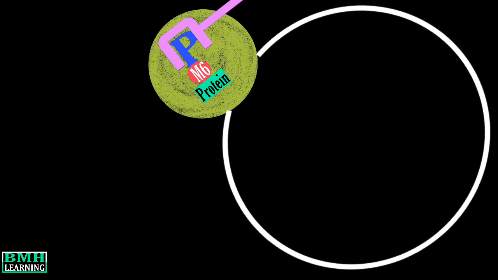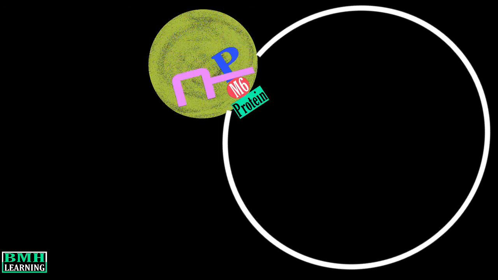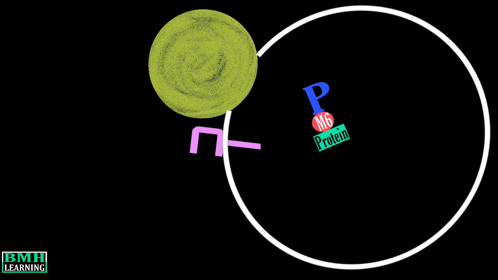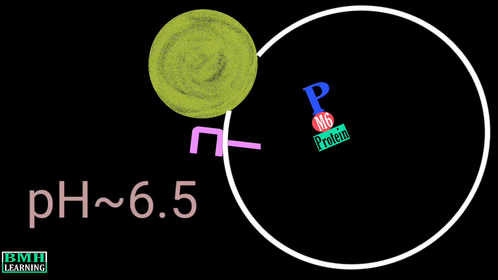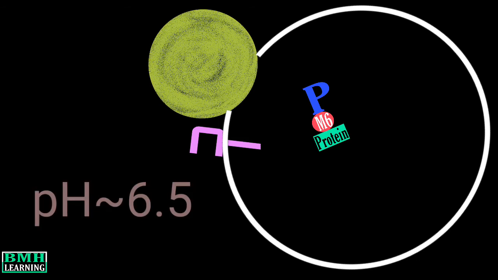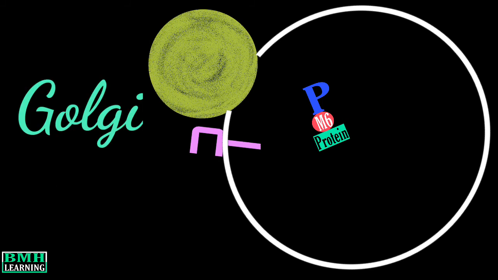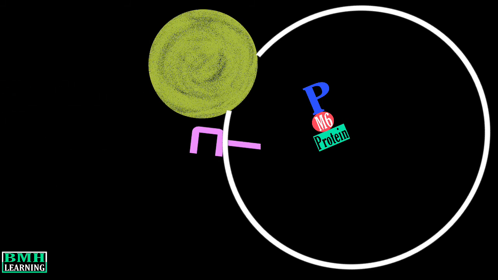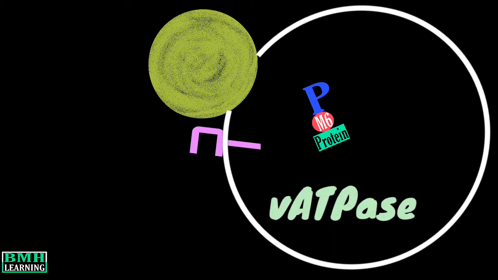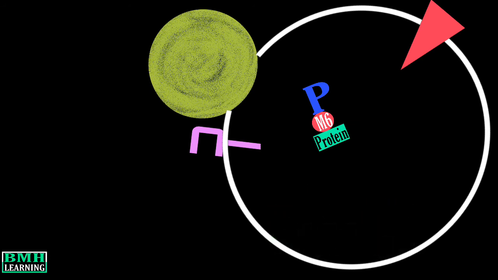As the protein encounters the environment of the endosome, both the receptor and the protein are dissociated. This is because the receptor can bind to the protein at a pH around 6.5, which is found in the Golgi, and the pH of the endosome is slightly more acidic, which is maintained by the action of V-ATPase embedded into the endosome membrane.